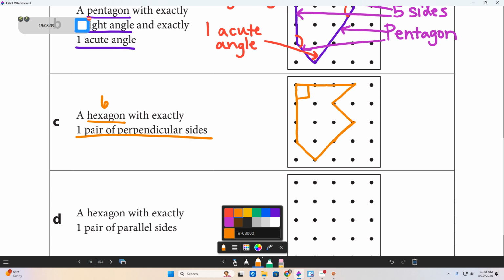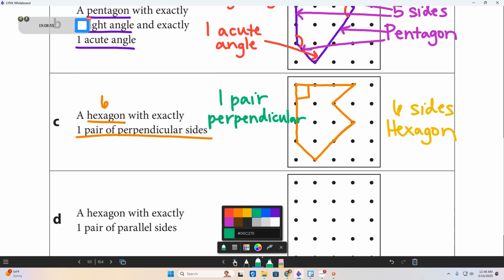All right, so we've got 6 sides, which means it's a hexagon. And then we've got one pair of perpendicular sides. And those perpendicular sides are here and here, and they meet at a right angle.